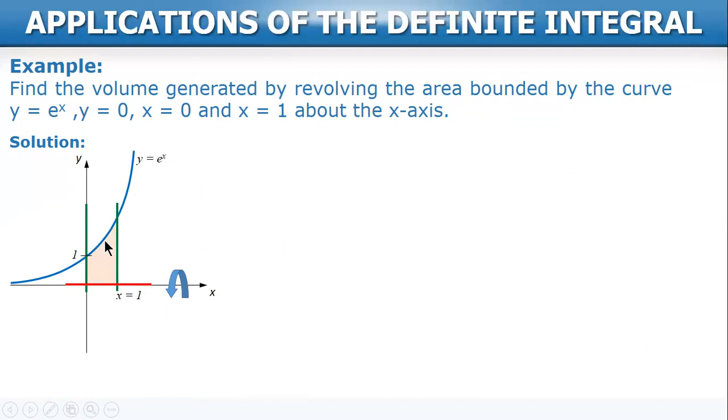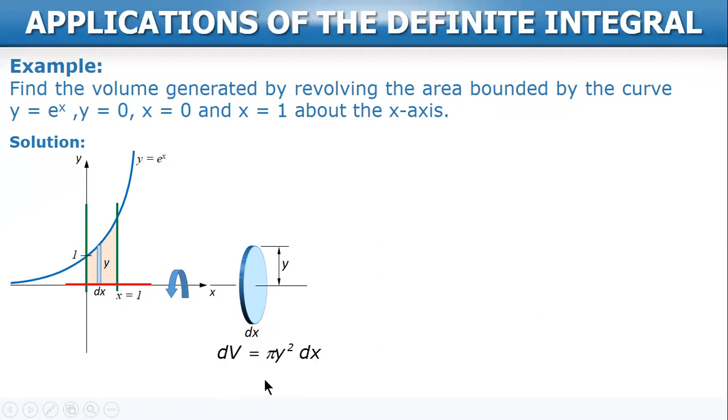Therefore, our strip must be vertical so that we will get a circular disc. And instead of y up, you can just use y, no subscript, since our y down is 0. And then thickness dx, you revolve, and you will get this circular disc, radius y, thickness dx.